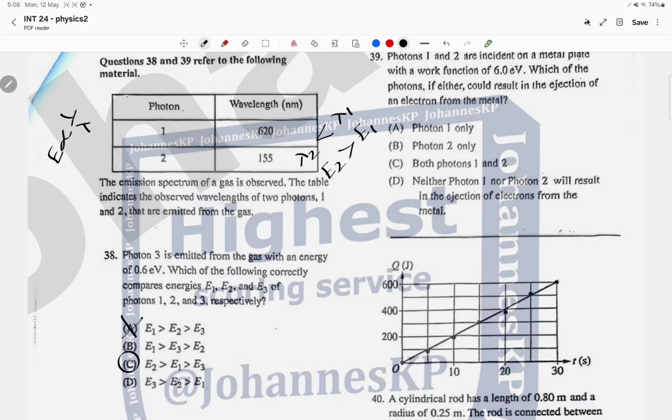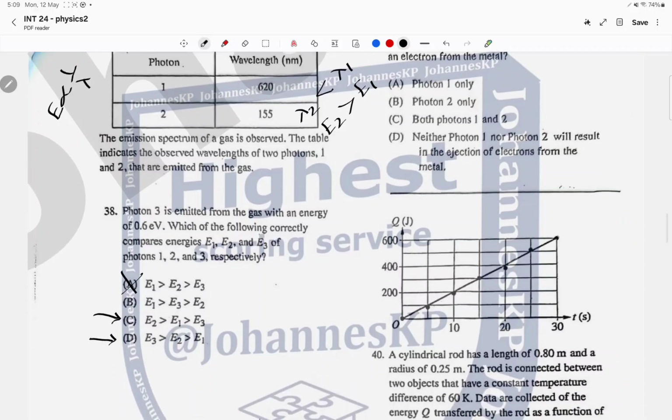Photon 3. How about photon 3? Oh, sorry. It is either C or D because E2 is more than E1, but we're not sure about E3. We actually have to do some math here. So we can convert that energy into wavelength and compare. E is equal to hc over lambda. hc is 1240 eV nm.